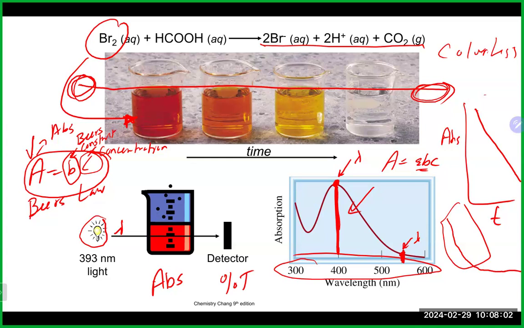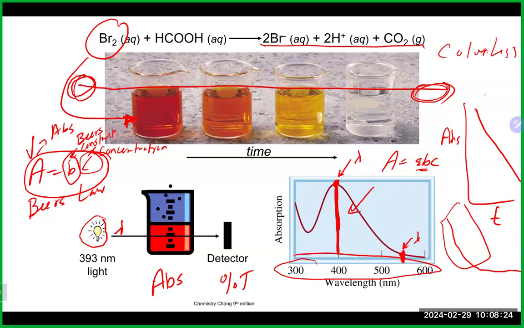So we wouldn't set it to the range of orange or red, which is a much longer wavelength. If you remember the visible part of the spectrum, we would set it to the complementary color's wavelength, which is why in this particular case it's 393, which is not the wavelength for red. Again, it's the wavelength for its complementary color.